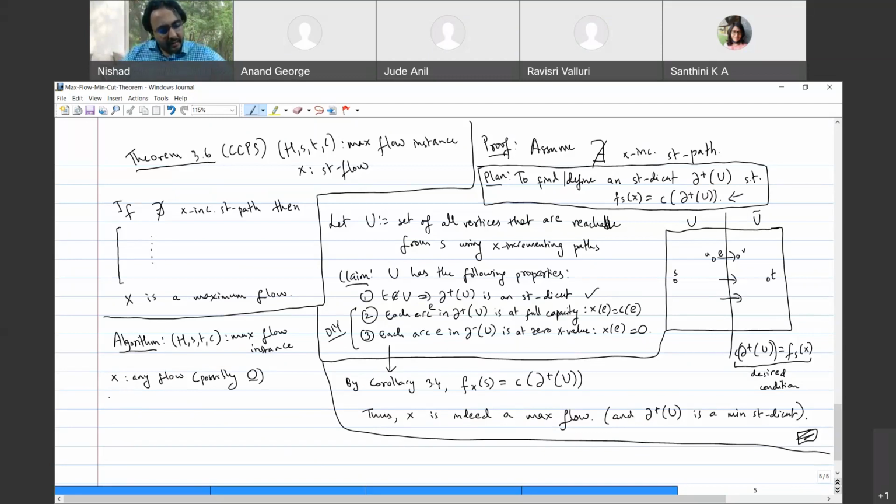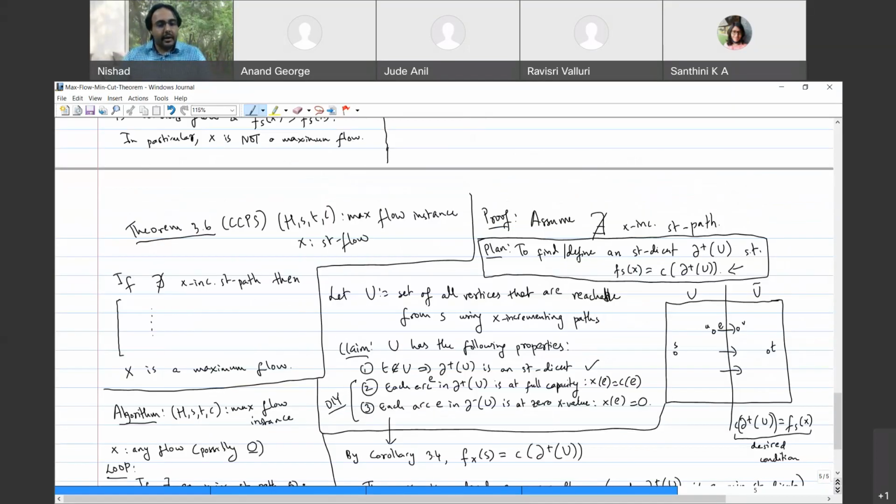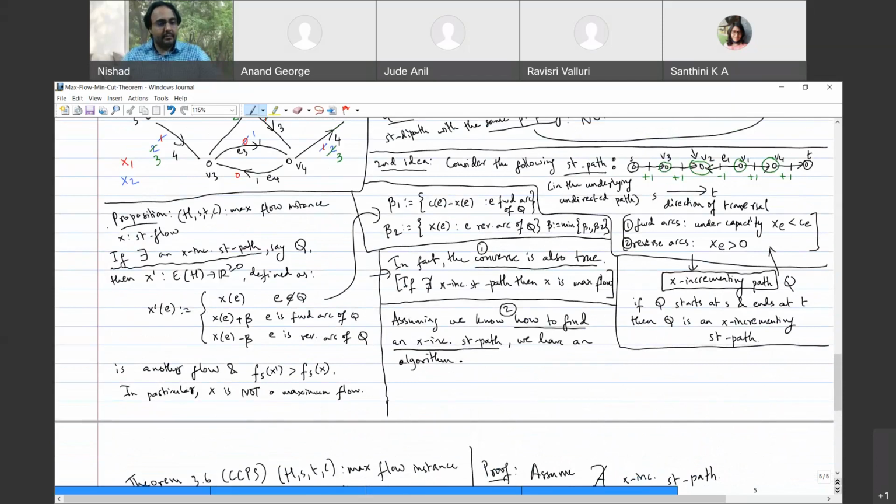And we have the following loop. If there is an x-incrementing ST path, Q, then we simply get a better flow using this proposition.